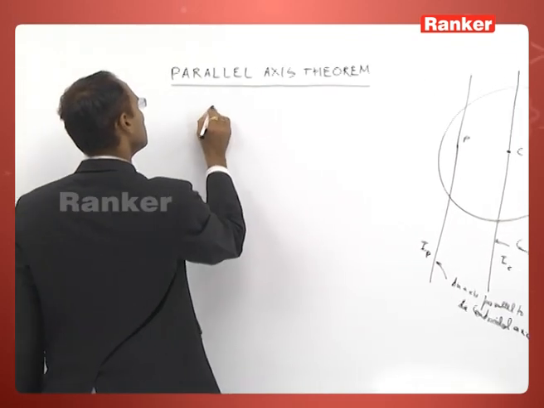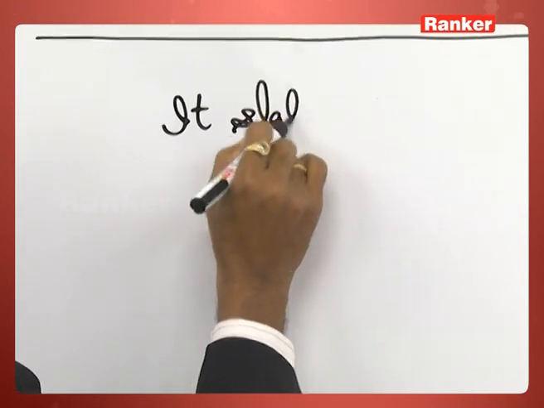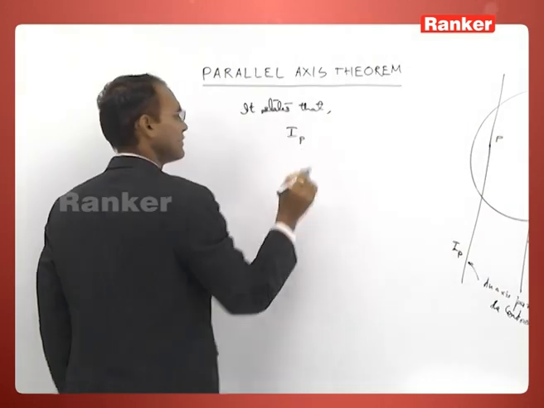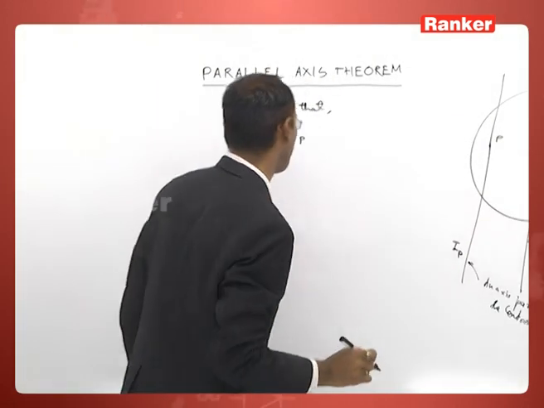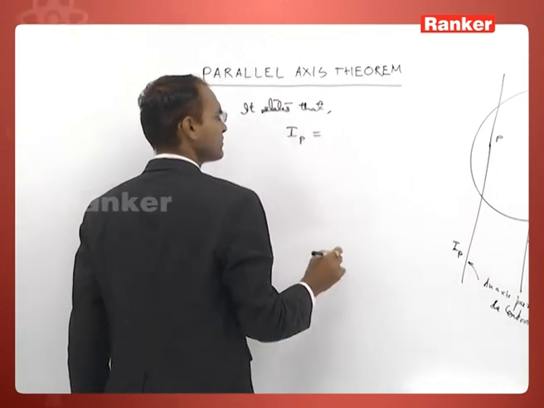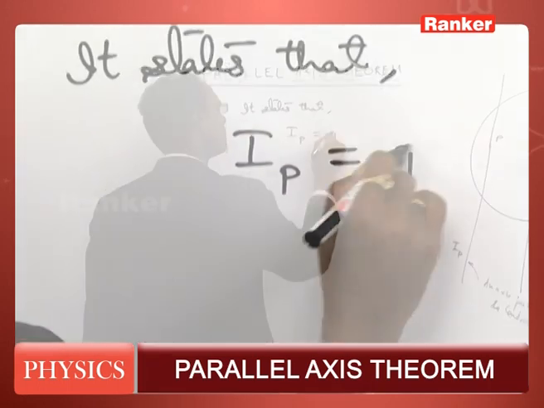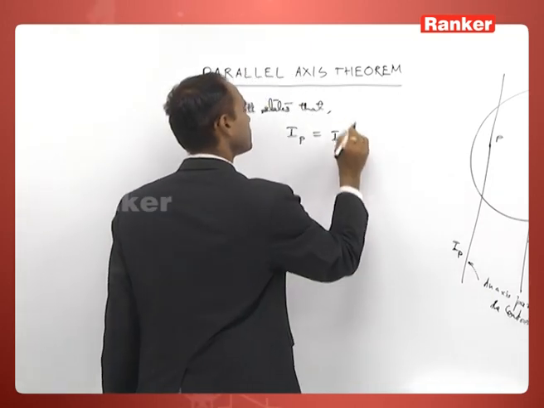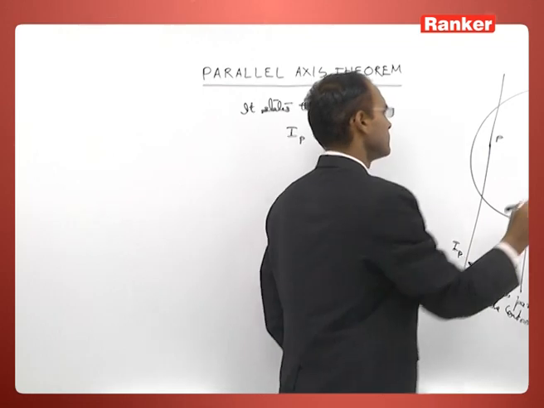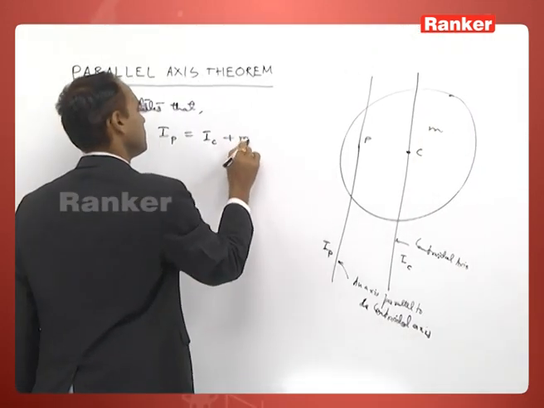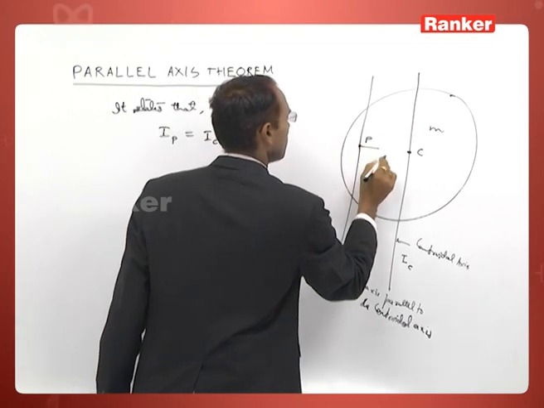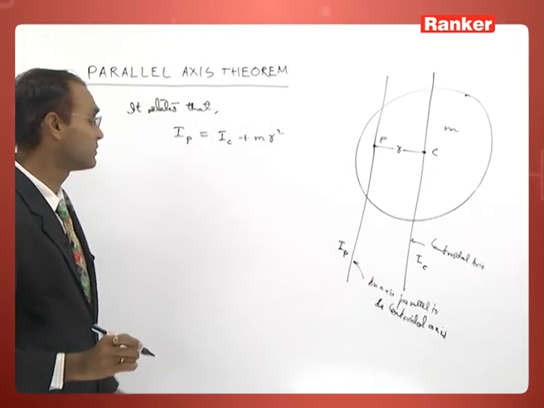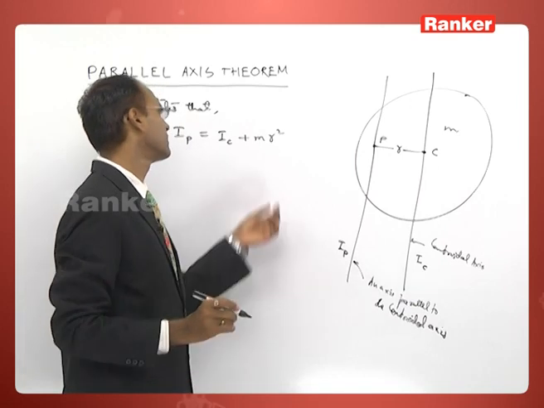The parallel axis theorem states that the moment of inertia about this axis is equal to the moment of inertia about the centroidal axis which is parallel to this axis, plus the mass of the object into the square of the shortest distance between these two axes.